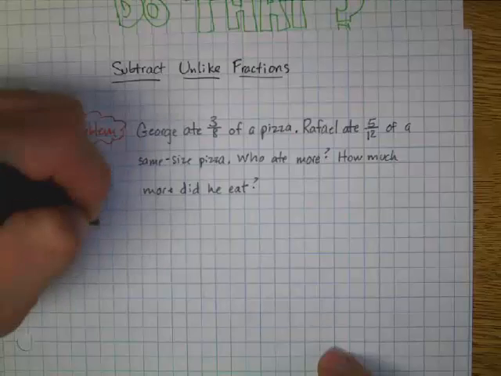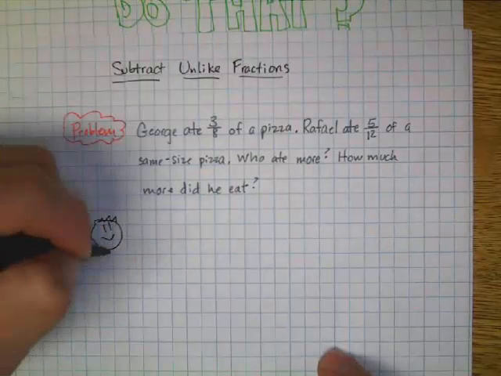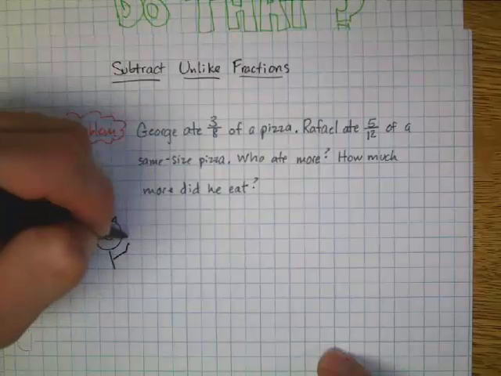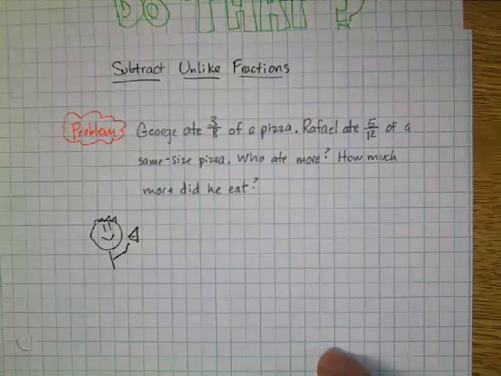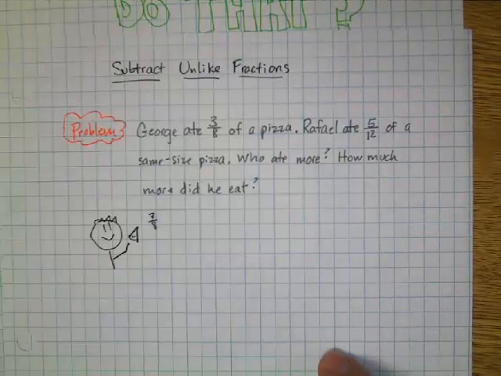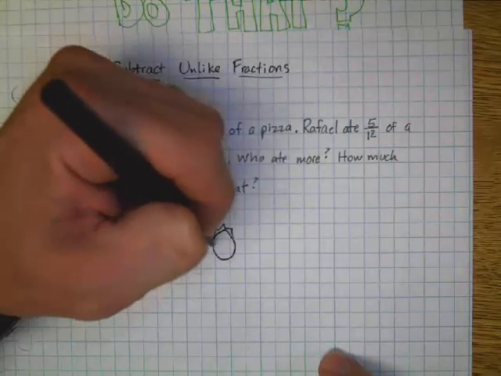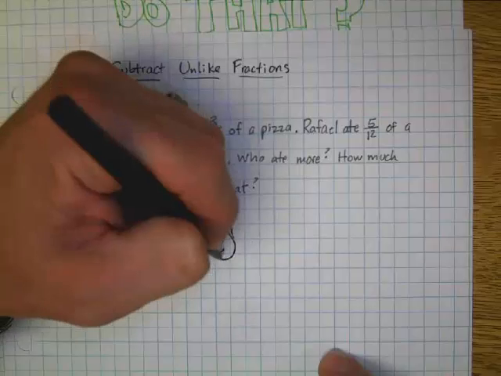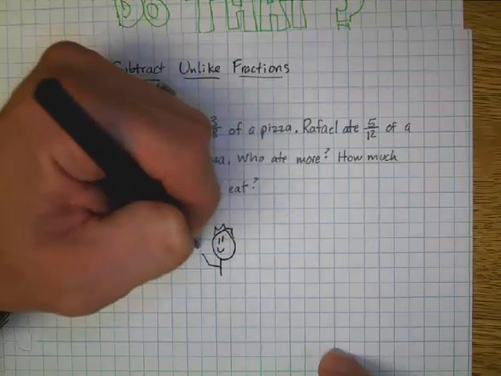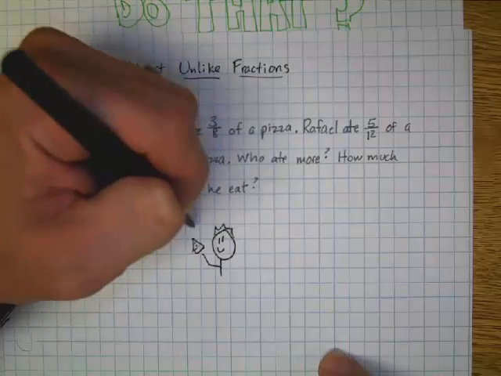First we have George. George is coming around, and George wants to eat a slice of pizza. And on his pizza, he ate 3/8. And then he has Raphael. And Raphael's coming over and eating a slice of pizza that is 5/12.